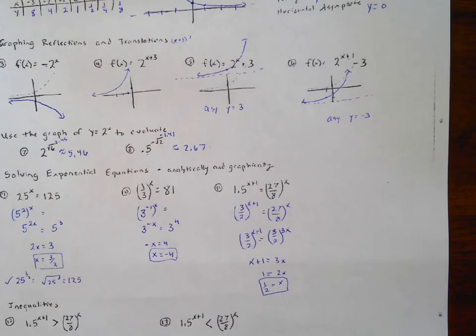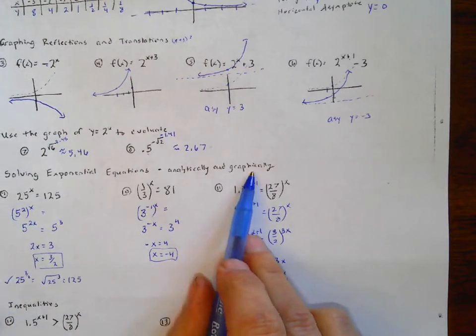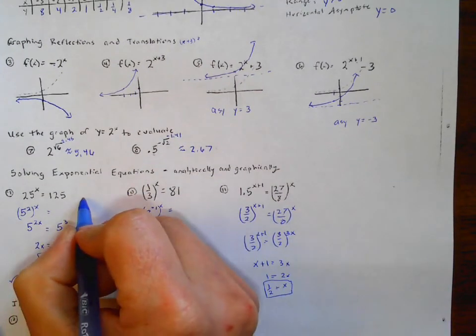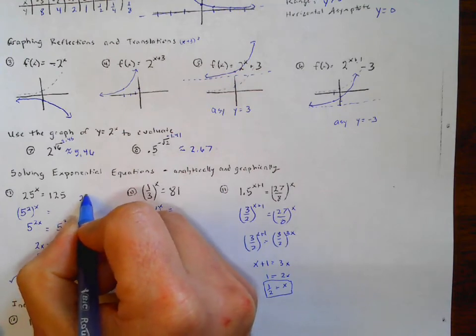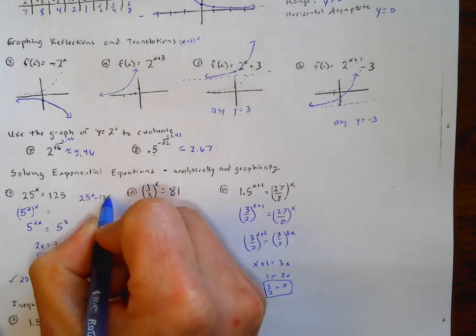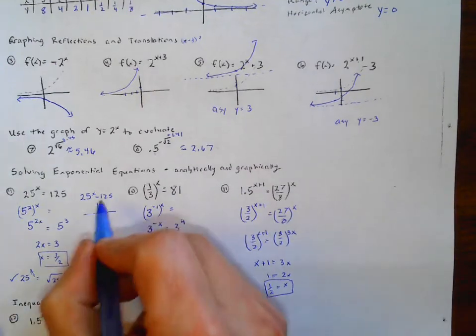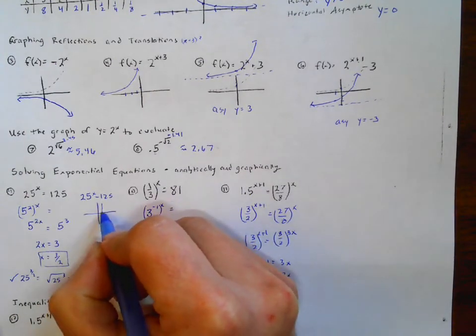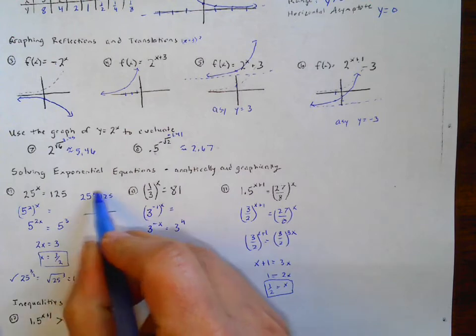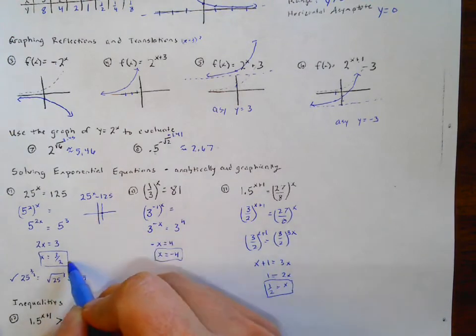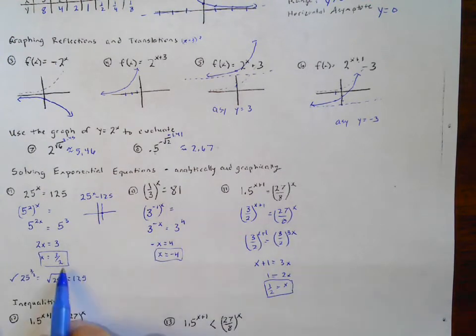Now to do this using a graphical approach on a calculator, what I would do is this. I would take 25 to the x minus 125 and graph this. Let me get a graph for this. If I graph this, I don't know exactly what it looks like, but there's a line going through like this, and I know that it intercepts at 0 at that.